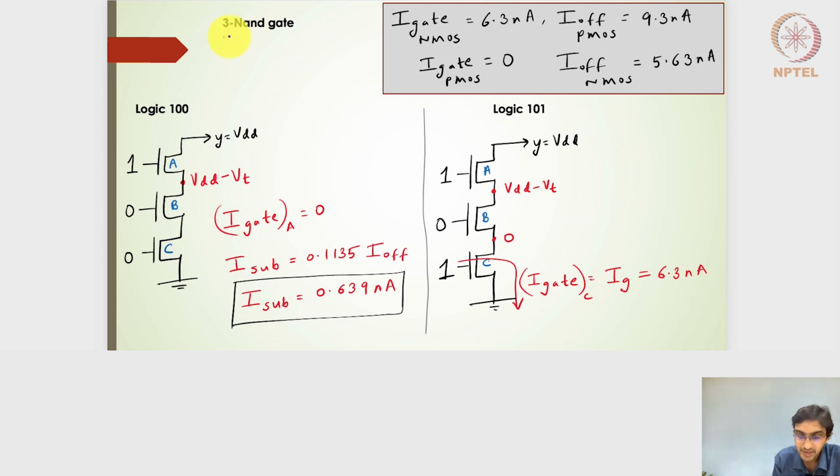Moving ahead, so 3-input NAND gate, let's see for the logic of 1 0 0 and logic of 1 0 1. For a 1 0 0, if I have 1 and 0 0, these 2 will be off transistors, and this will be an on transistor. So I will have this transistor working like a pass transistor, so I will get the voltage of VDD minus VT here. These 2 off transistors are likely to give me the subthreshold leakage current.